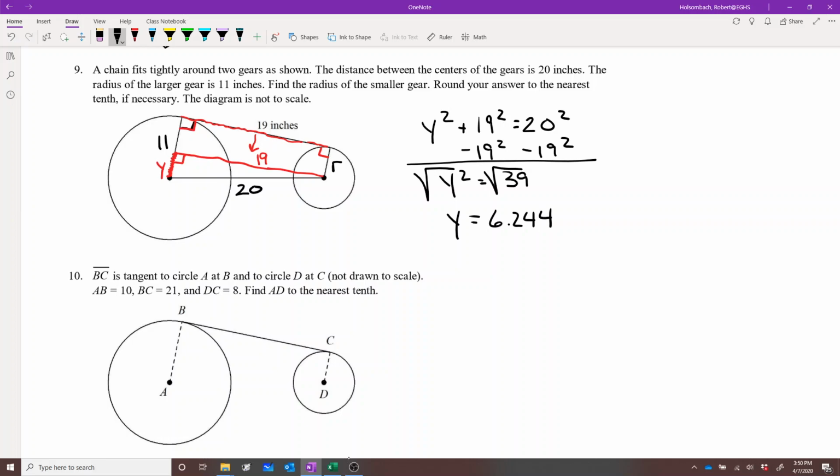So that little portion right there is 6.244. Well, the radius is the difference between 11 and how far you slid this down. So our radius is going to be equal to 11 minus 6.244. So our radius in this case is going to be equal to 4.8.